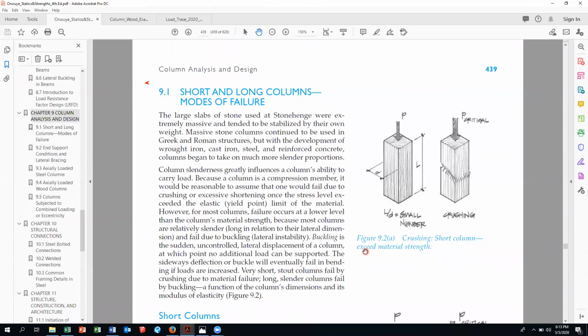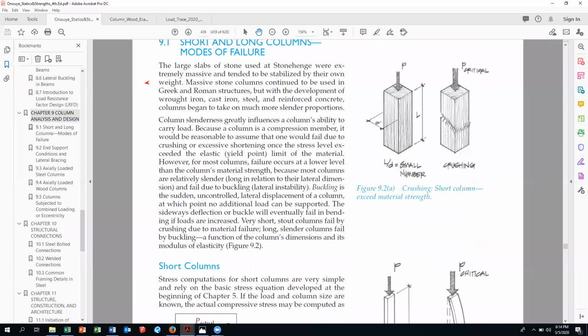And the very short ones always failed in crushing. It looked exactly like this, the critical load that created that crushing effect. So very short, stout columns fail by crushing, and long, slender columns fail by buckling. It's a function of the column's dimensions and its modulus of elasticity, which is a measure of the material stiffness. And it's those huge numbers, stress over strain.